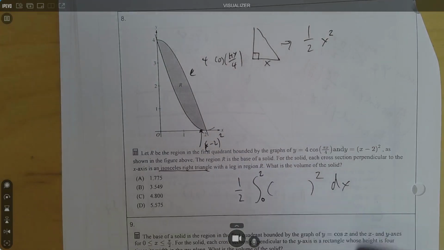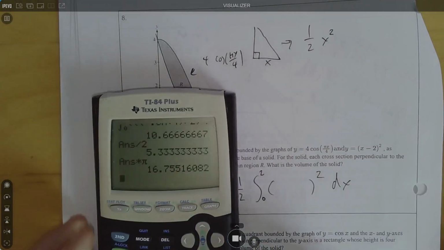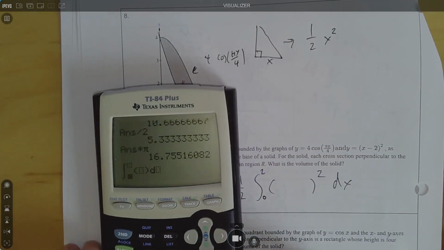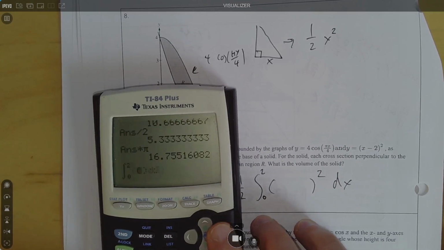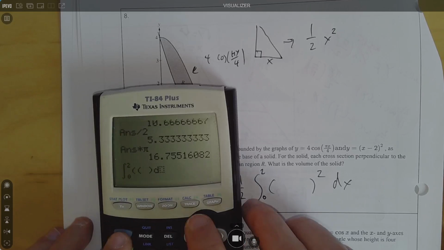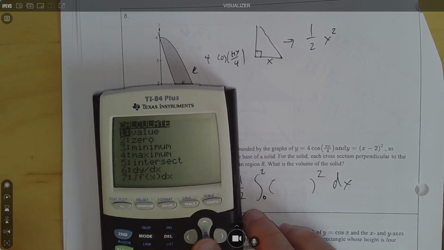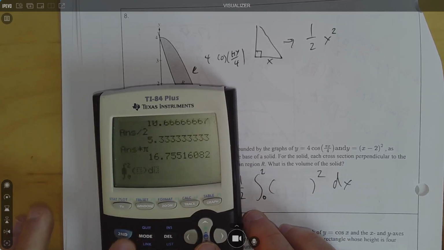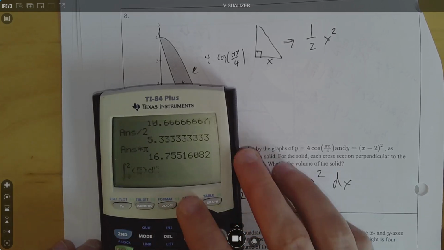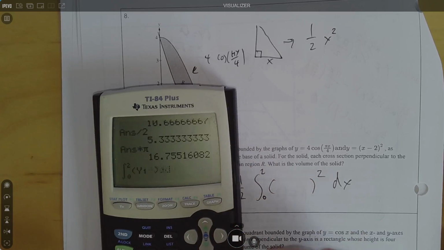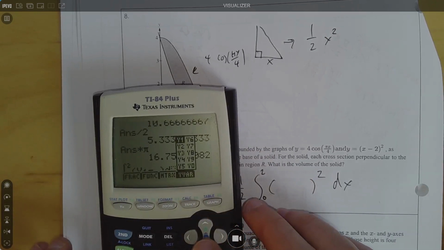And so in my calculator, I will do math 9 from 0 to 2, and it'll just be parentheses y1 minus y2.